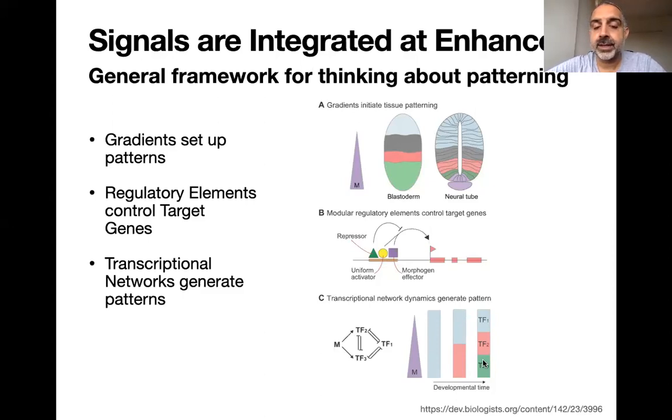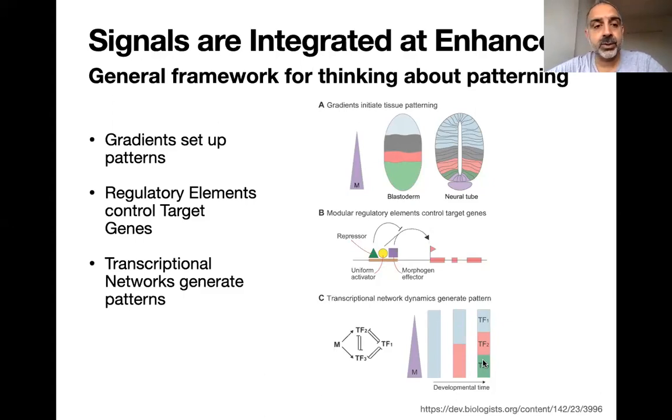So I think this way of looking at how patterning happens is quite attractive. It's probably correct as well, and there are probably nuances that you'll pick up when you go further into the details of all of these transcriptional networks.